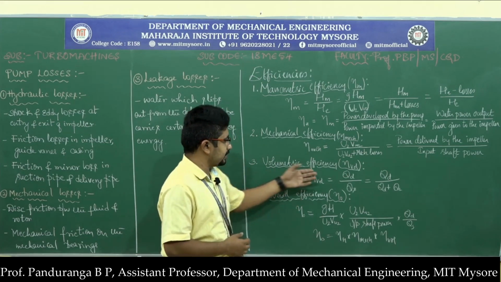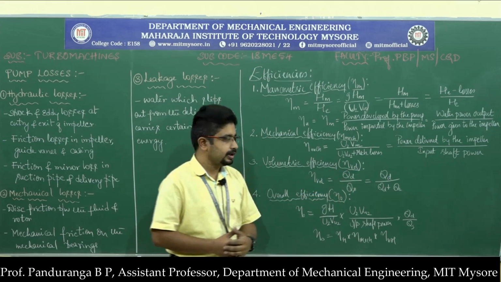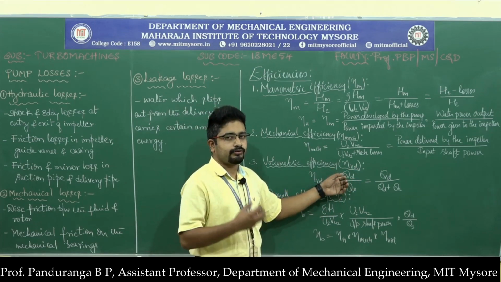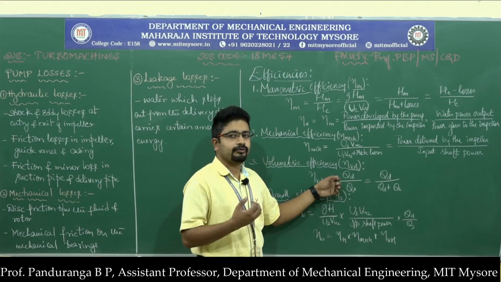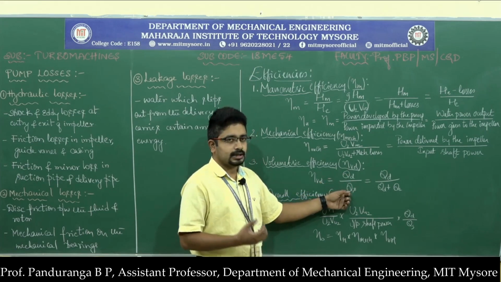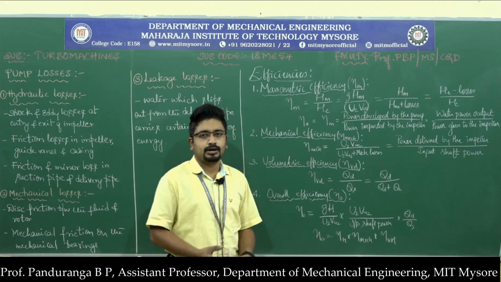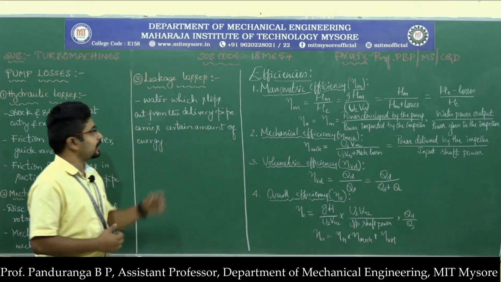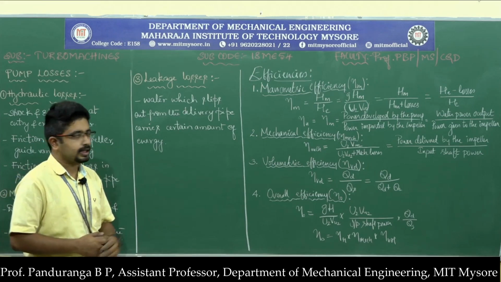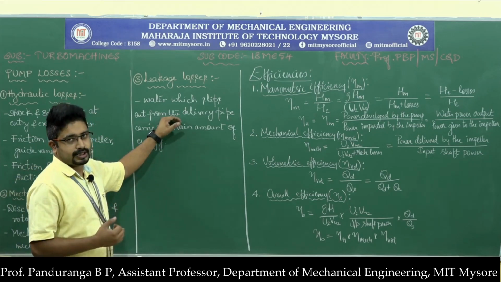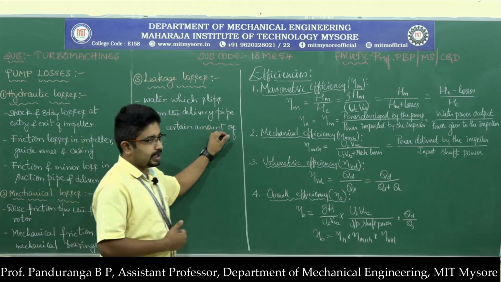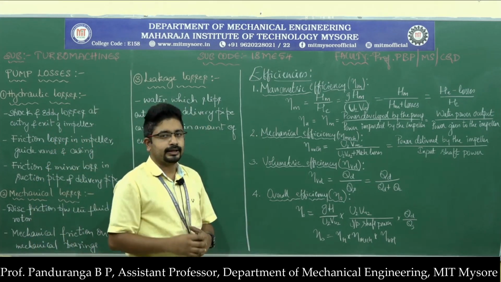Then we have volumetric efficiency, eta vol. That is the ratio of the actual amount of fluid delivered to the amount of fluid drawn or sucked by the pump. While talking about the leakage losses, we said some of the liquid slips through the delivery pipe and will not enter the overhead tank.